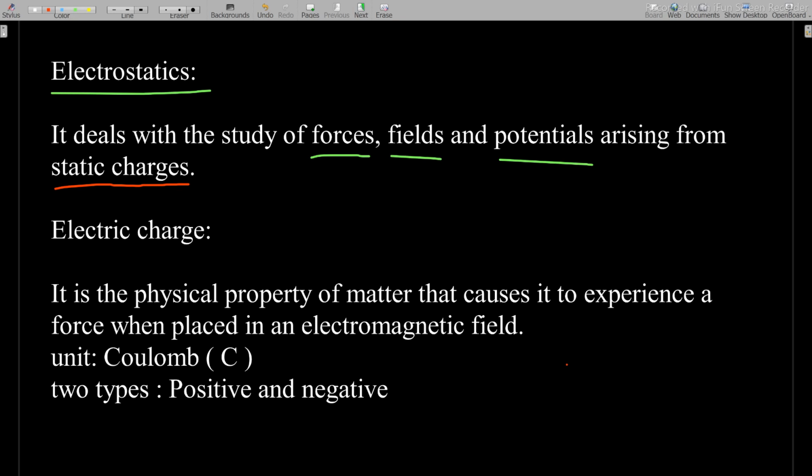But we have two types of charges, which we know to be positive and negative. And remember, like charges repel.